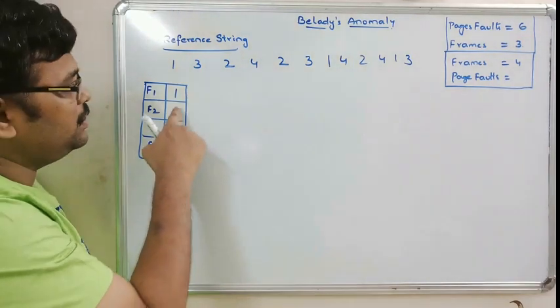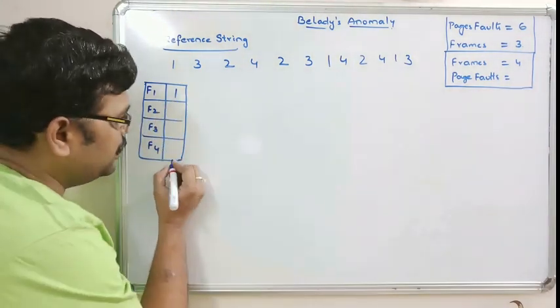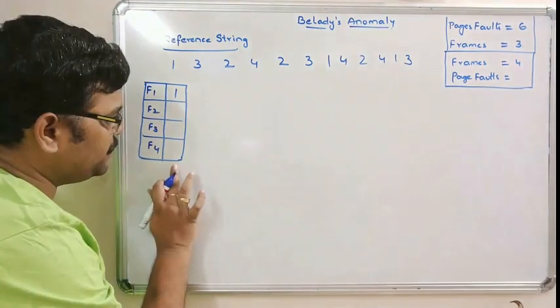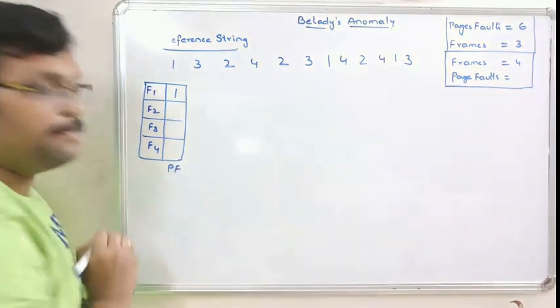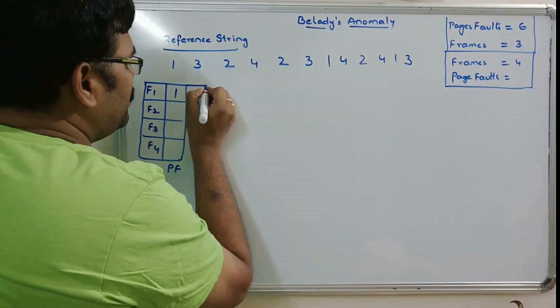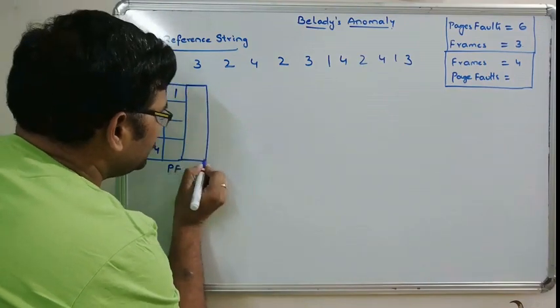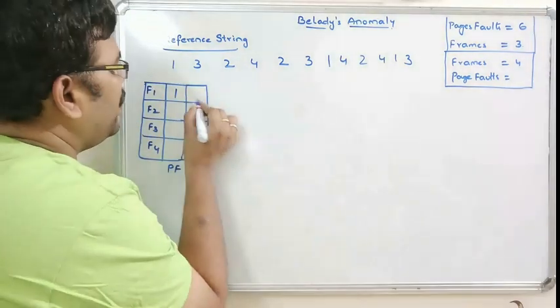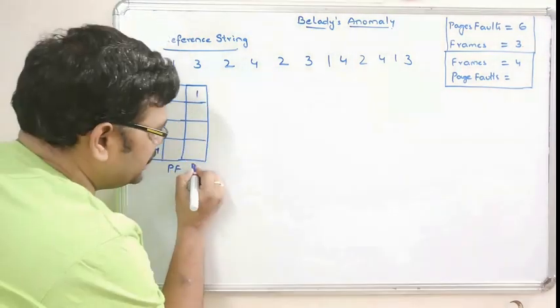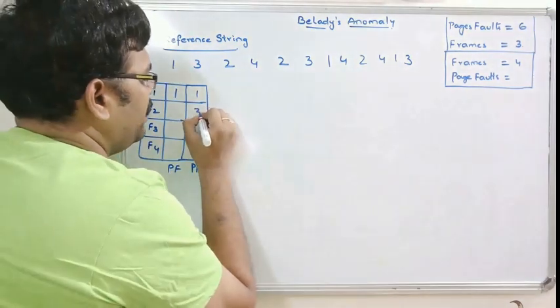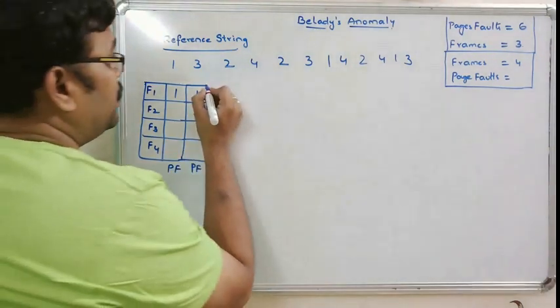Page 1 is occupying frame 1. It is a page fault because 1 is not available in the main memory, so we will call it a page fault. Second reference, page 3 should be inserted and that page is not available here. So again there is a page fault and again I am including this one.